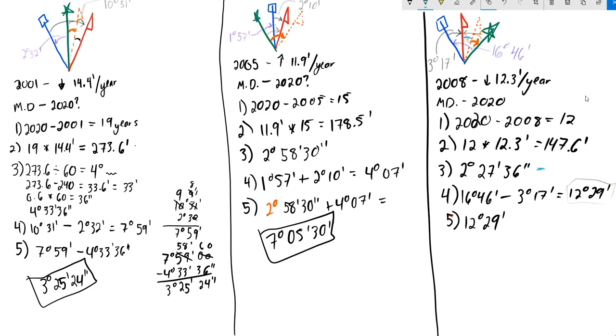So we need to figure out how to go from here to just this. So we're going to take this value, which is the 12 degrees, 29 minutes, and we're going to subtract my little teal color here. So I'm going to subtract 2 degrees, 27 minutes, 36 seconds. And that gets me, I'm going to do this the long way so you can see it.